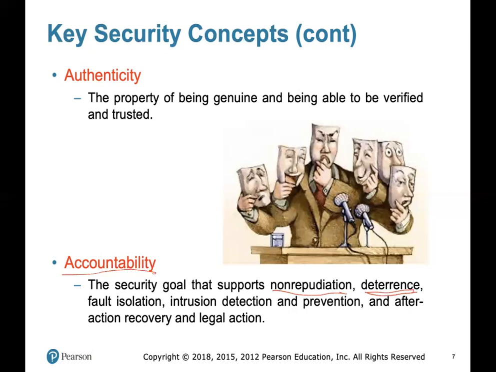It says that the system should have the property of being non-repudiable. It means that if a user or an agent is accessing something or using some asset or some data, that agent or person or user should not be able to later deny that usage. They shouldn't be able to say, okay, it wasn't me, it was someone else. No, if someone has used something, we should be able to track that asset.